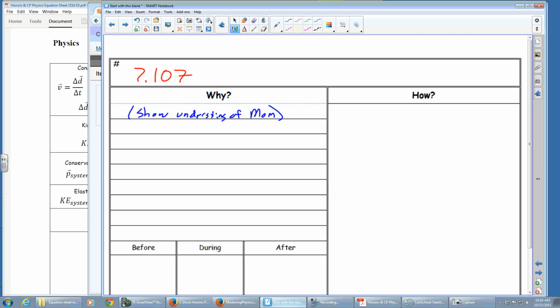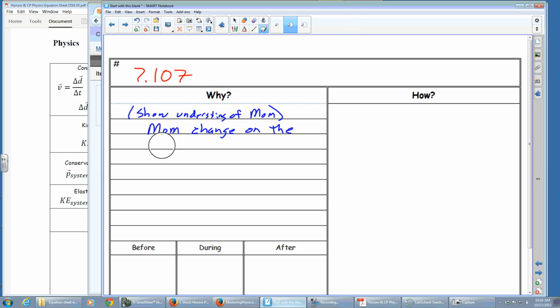And then I might put something like momentum changes on the individual.